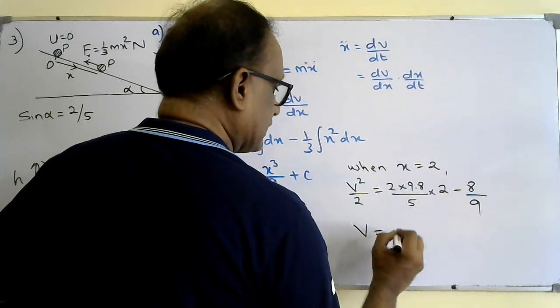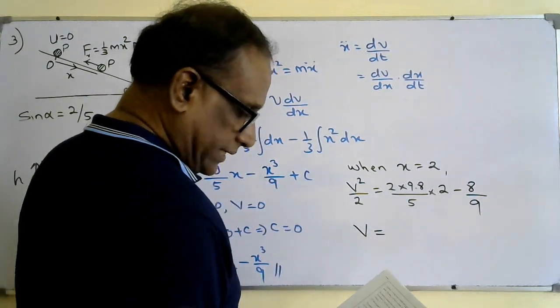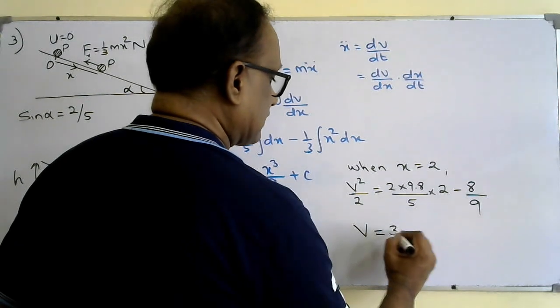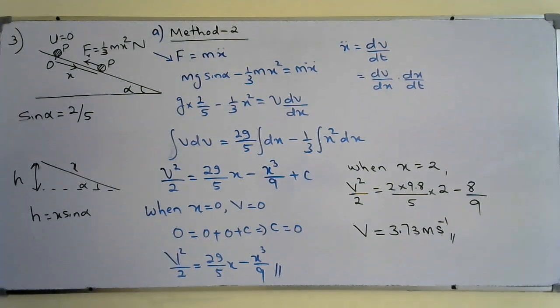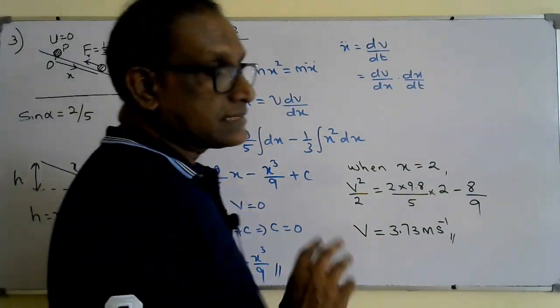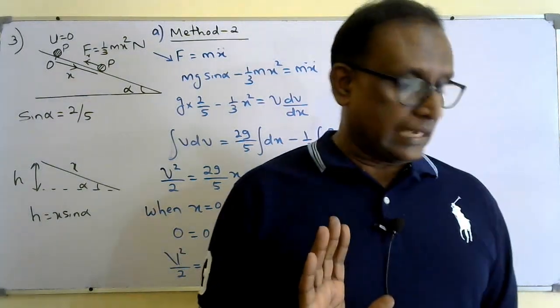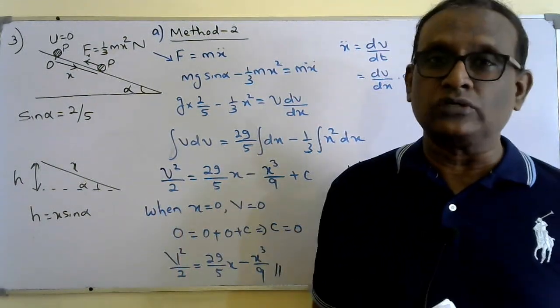Solve it, we'll get the same answer, that is 3.73 meters per second. Okay, so this is the a part, second method.